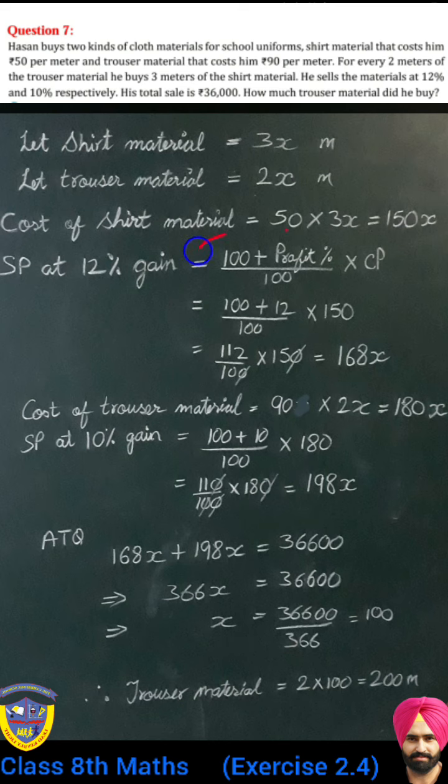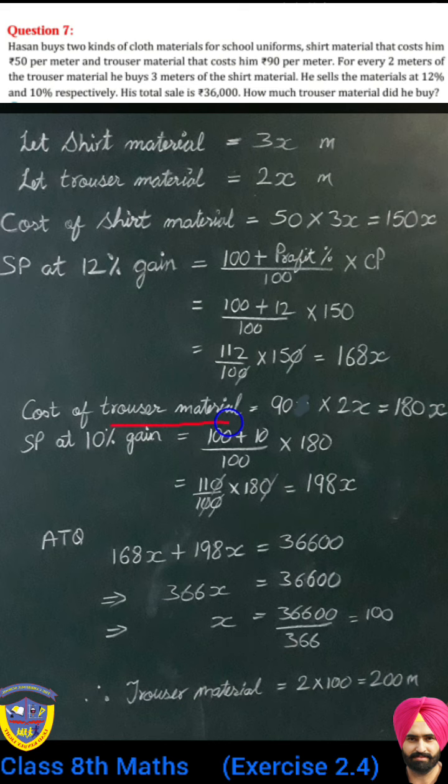So by using this formula you can find out the selling price of the shirt by putting all the values. Profit percent is 12. It is given the cost price is 150x. After calculation you will get 168x.